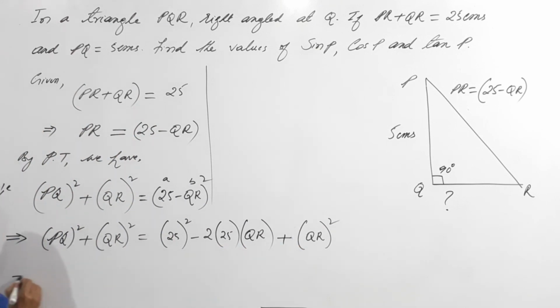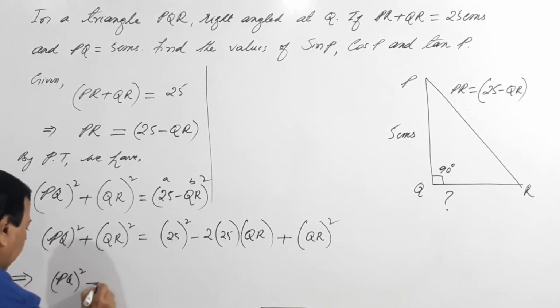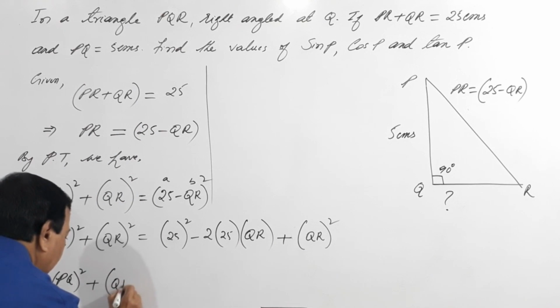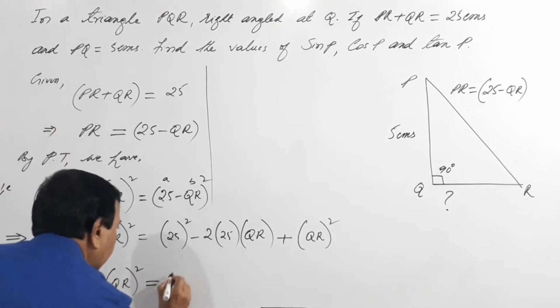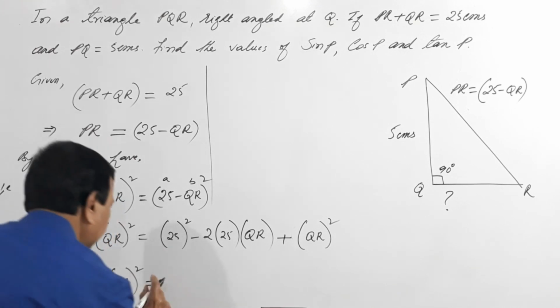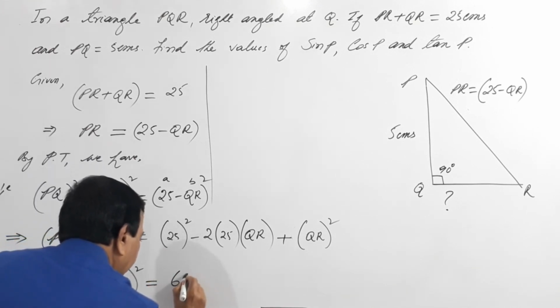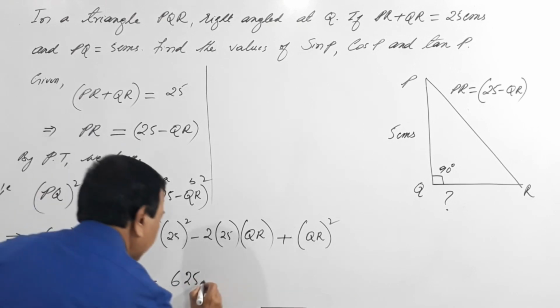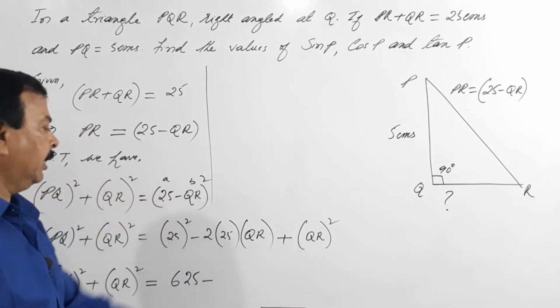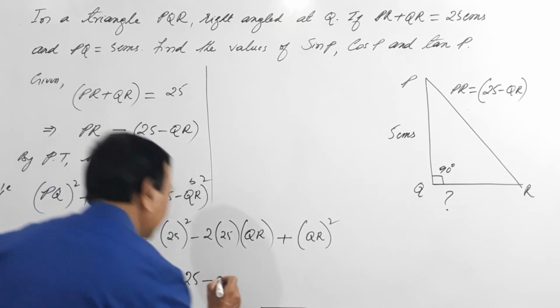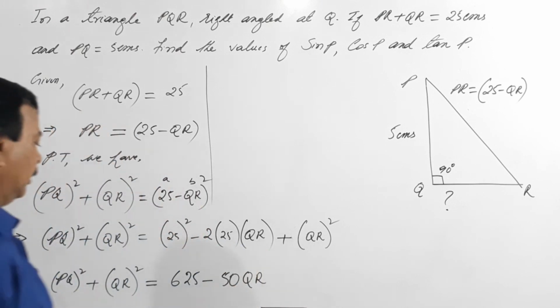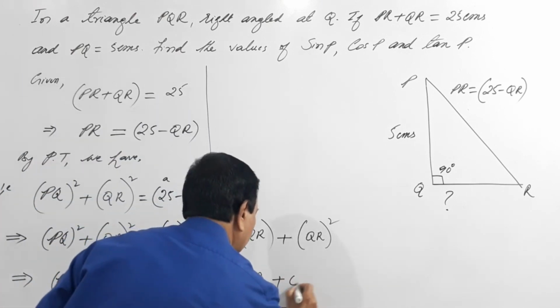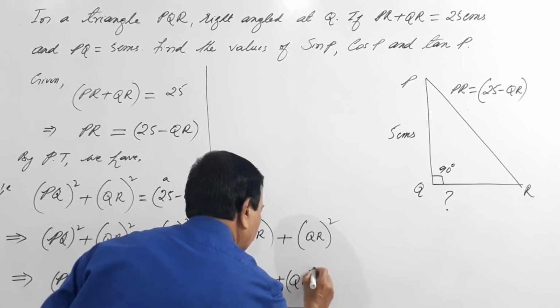So this is nothing but PQ square plus QR square equals to 25 square is 625 minus 50 into QR plus QR square.